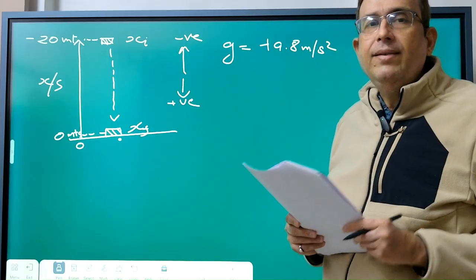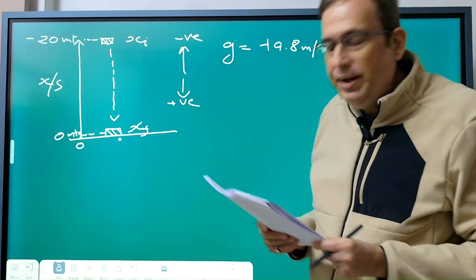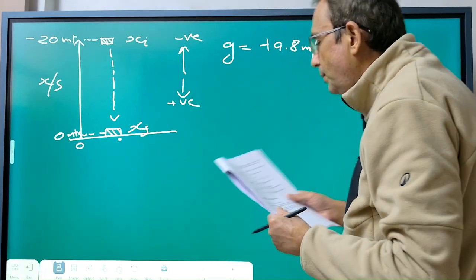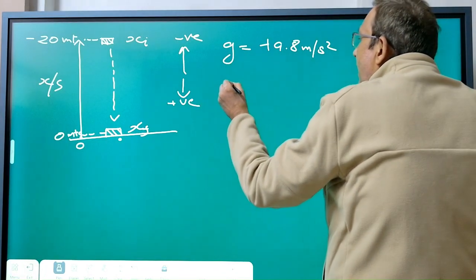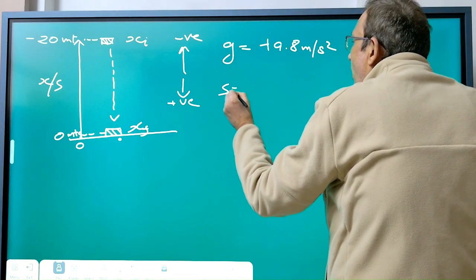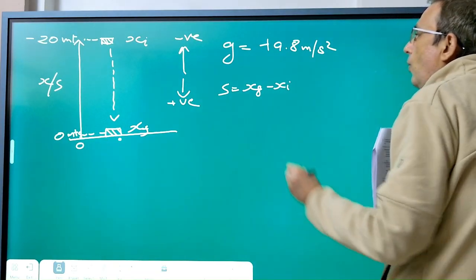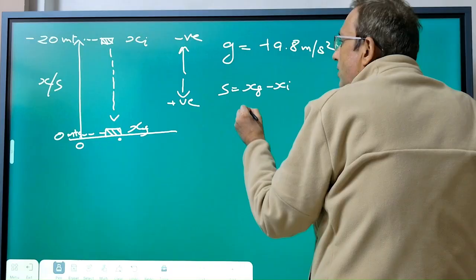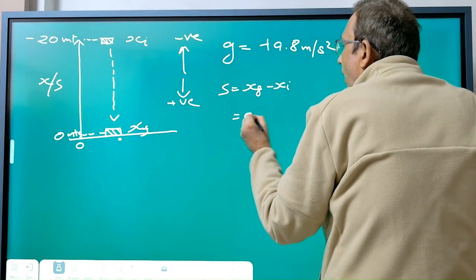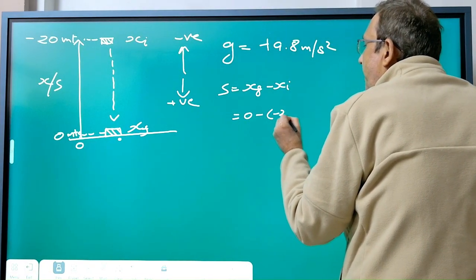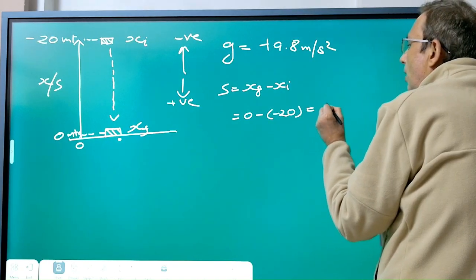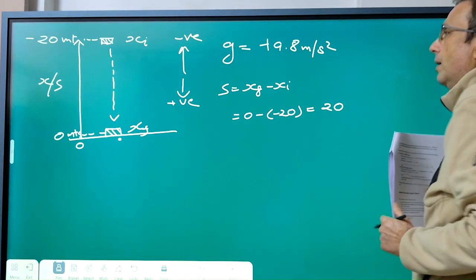So in that case, your x initial is minus 20 meters. So then what is the displacement? S is equal to xf minus xi. So xf is 0, and then minus of minus 20, which is going to be equal to 20. Okay?